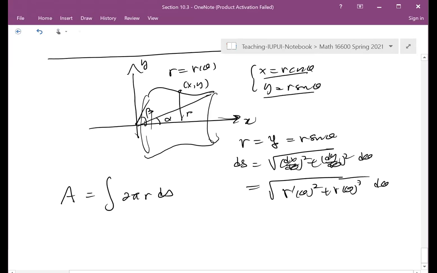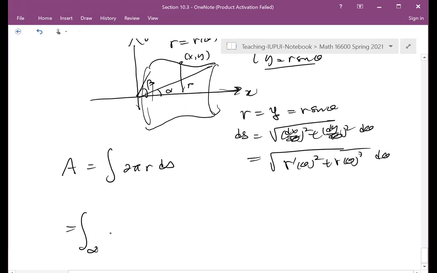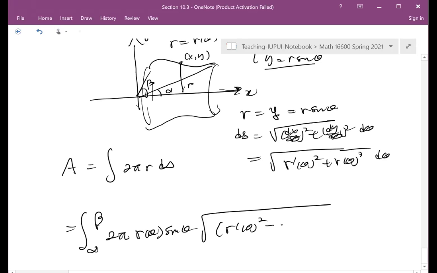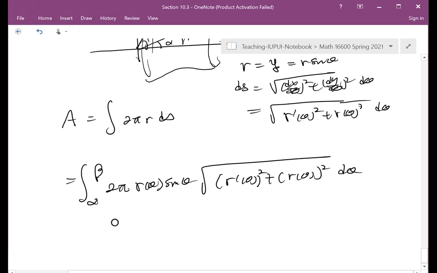So put everything together and you get the integral of 2 pi r of theta sine theta times the square root of r prime squared plus r squared d theta. So you have this kind of formula.